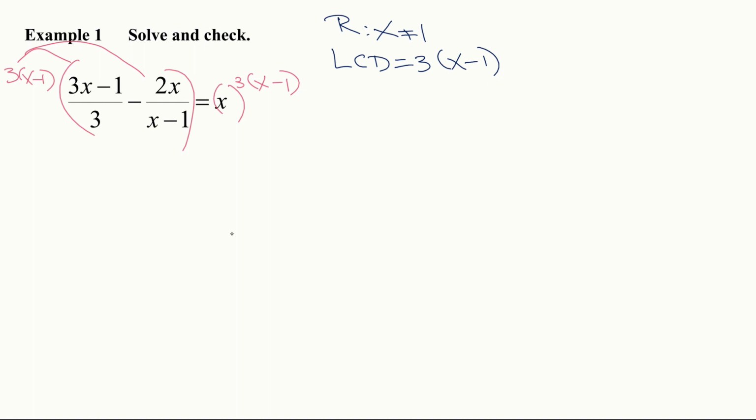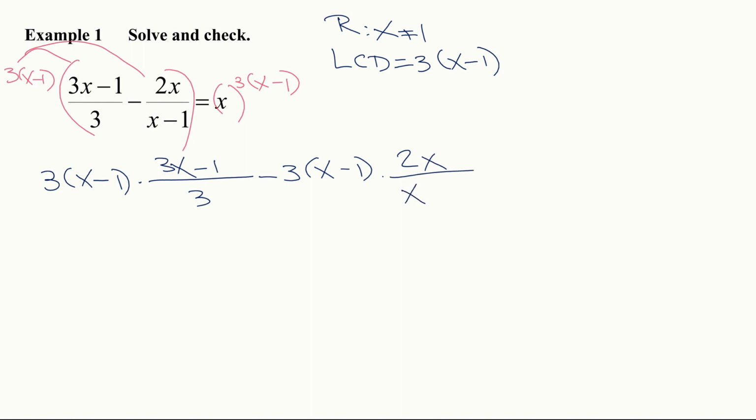So we end up with 3 times x minus 1 times the first fraction, 3x minus 1 over 3, minus 3 times x minus 1 times 2x over x minus 1, equals 3x times x minus 1.